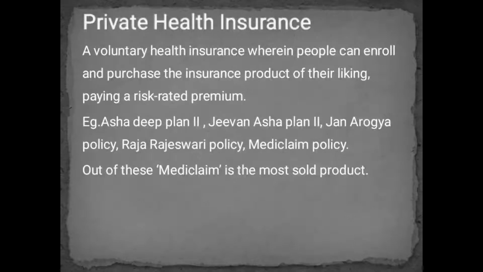Examples: Ashadip plan, Jeevan Asha plan, Jana Arogya policy, Raja Rajeshwari policy, Mediclaim policy. So there are so many. Mediclaim is somewhat familiar to everyone and somewhat famous. There are Star Health Insurance and various other health insurance companies.